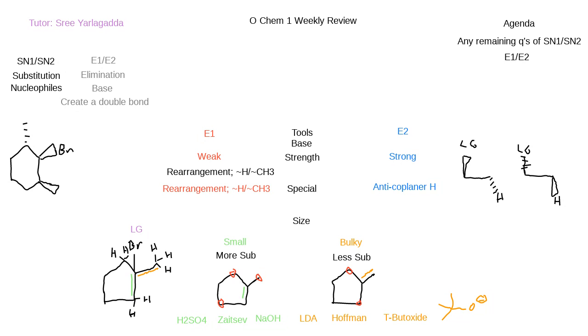Then I tell you the base is NaOH. Okay, so go ahead and try to solve this if you have a notebook in front of you or wherever you're taking notes. I'll give you about a minute or two, and then I'll ask what you guys put.